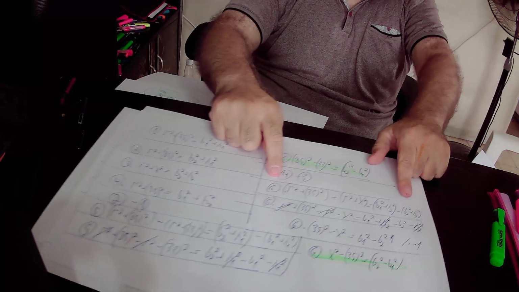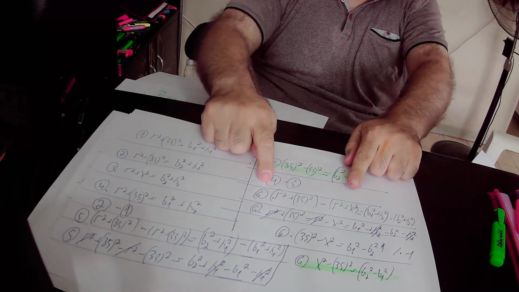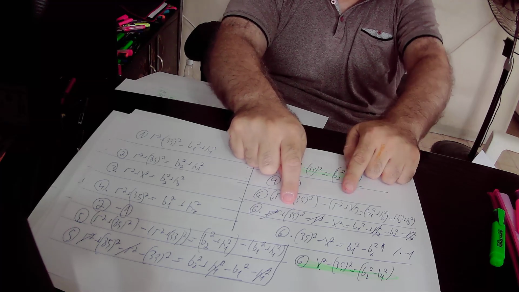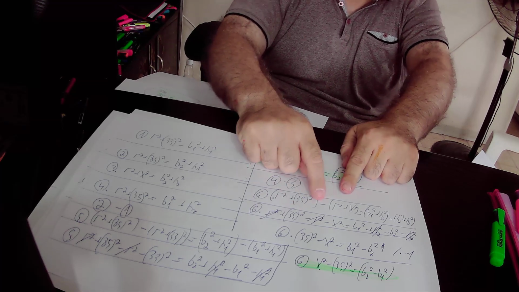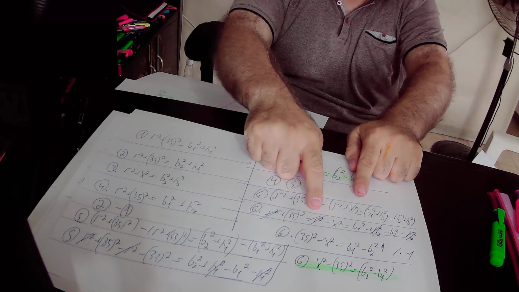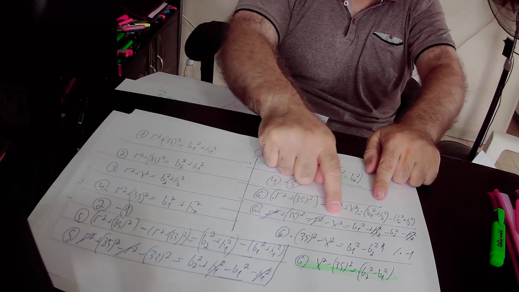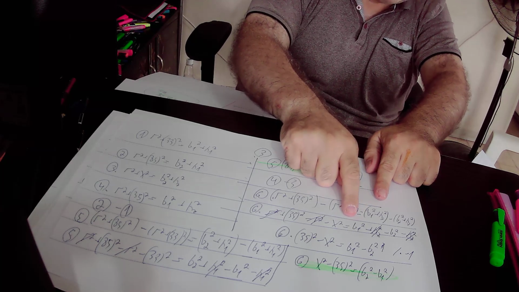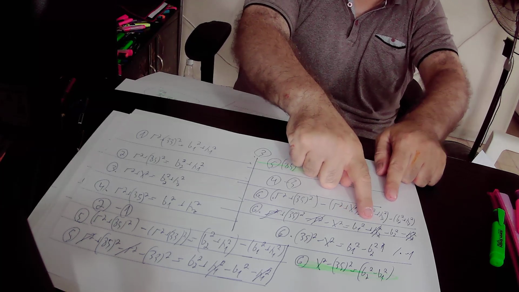Then we open the brackets of this equation number 6, and we found out that here r square plus 35 square minus, we have minus before the bracket, so it will become minus r square minus x square equals to, we open the brackets on this side of equation number 6, so it is b1 square plus h2 square.